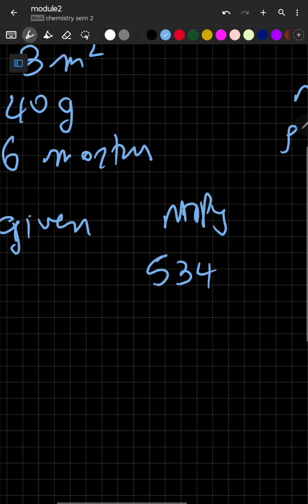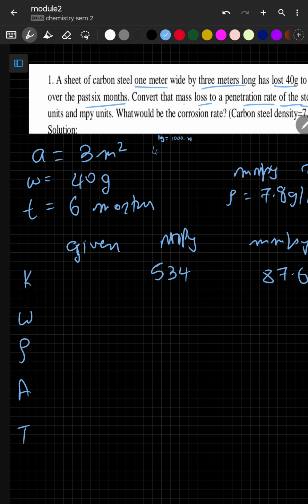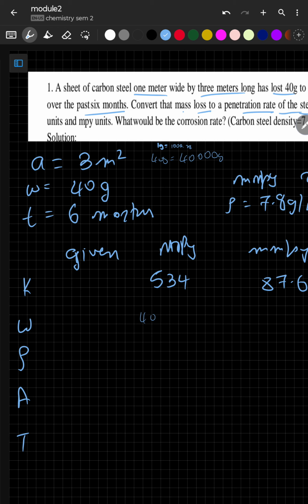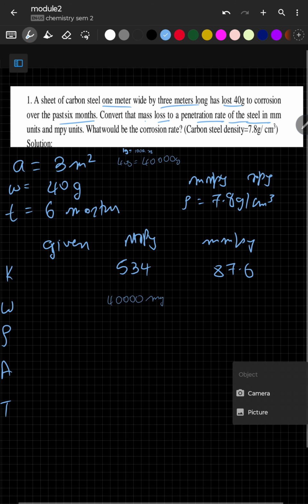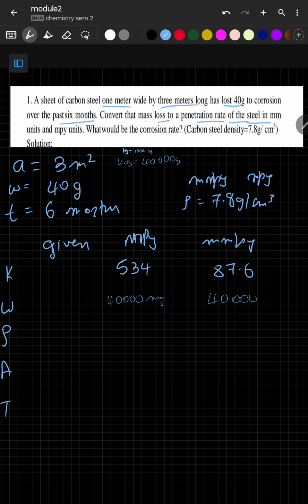They have given 40 gram, so 40 into 1000 is 40,000 milligram. This is also in milligram over here, so I'll write the same. Then density is also the same, 7.8 gram per centimeter cube.